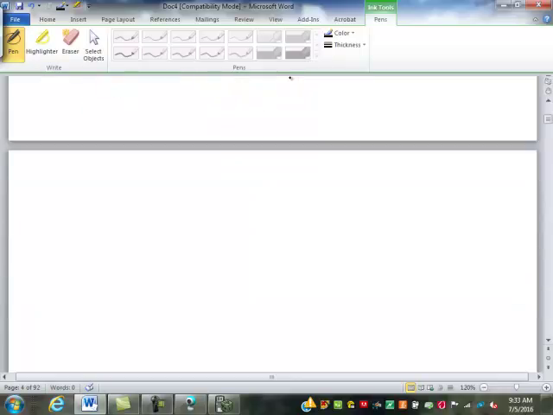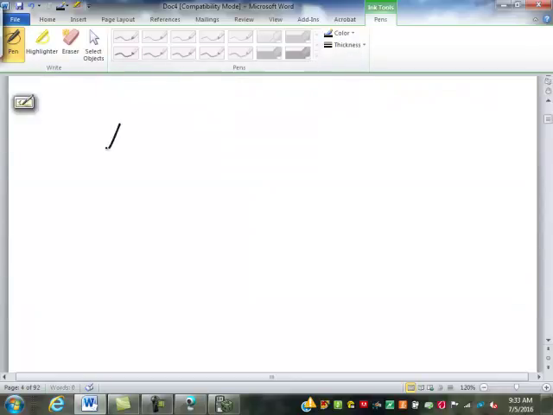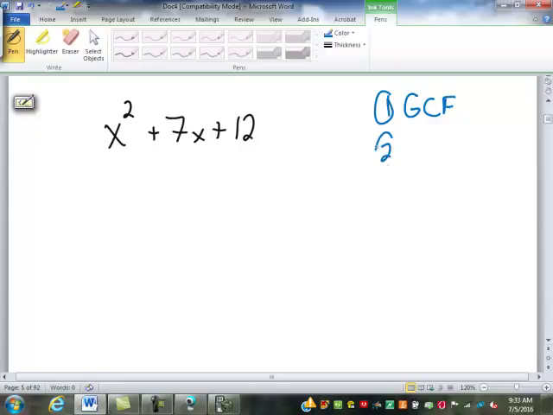So now, let's try this. First step. Is there a greatest common factor? No, there is not. So then we're going to try to do the reverse multiplication.